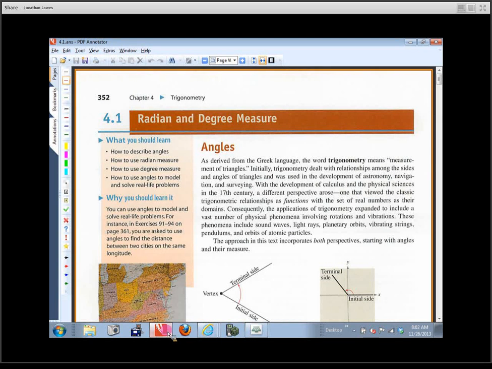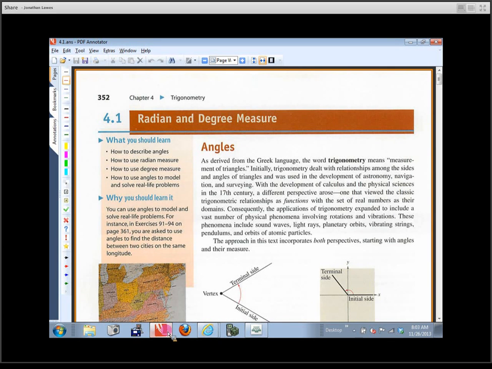We're going to add to that just a little bit as we go through the section and as we look at some of the problems that are assigned. So this first part starts off and it talks about how trigonometry is about the measurement of angles and triangles. It talks about how trigonometry was originally used just to measure angles and triangles and figure out what sides are.